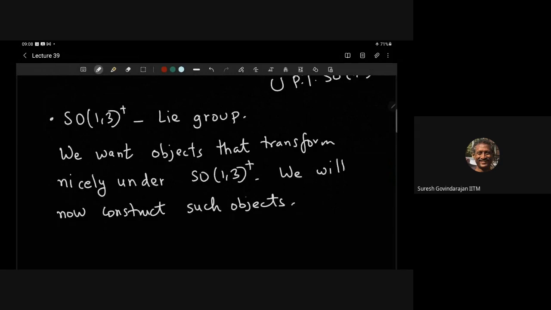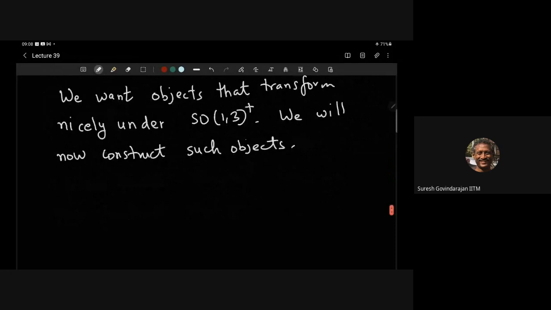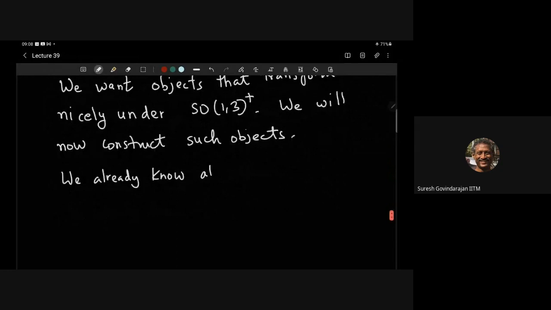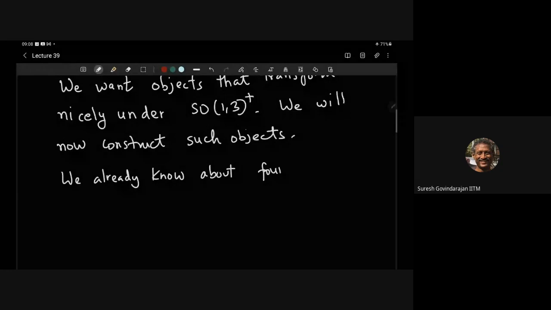Okay, so we already know about one set of objects, which are four vectors. The notation will either be V with an underscore, or if you want to give an index, we write mu, and mu runs from 0, 1, 2, and 3.